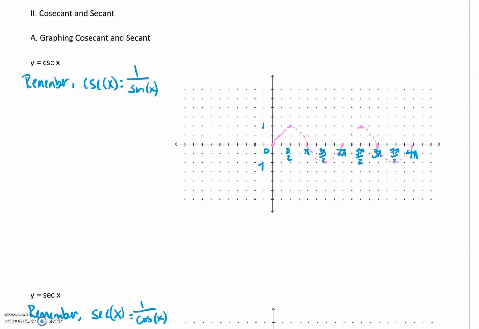Okay, so I graphed sine of x in that dashed dotted line because we don't actually care about sine of x. But we want to use sine of x to help us figure out cosecant x and what that graph looks like. So remember, what we're doing is we're basically just reversing your fraction.